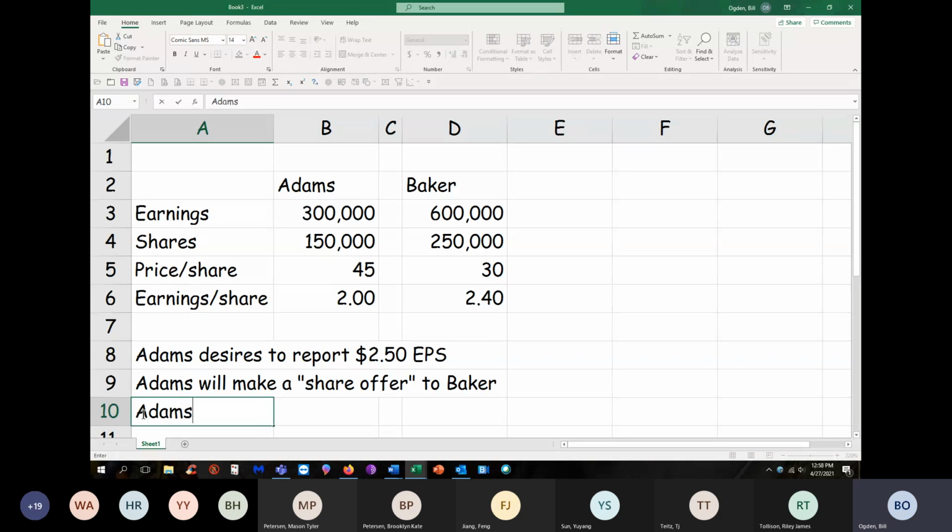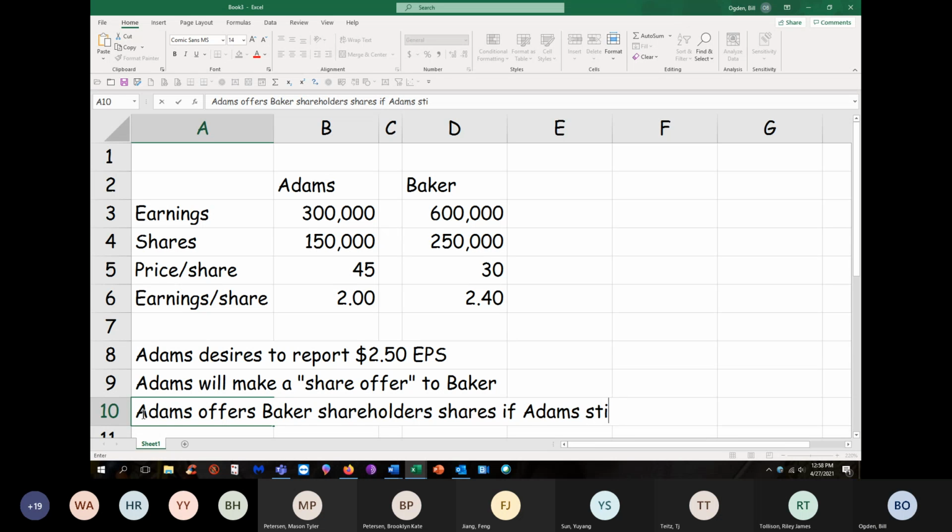So Adams offers, so they offer Baker shareholders shares of Adams stock in exchange for all Baker shares.